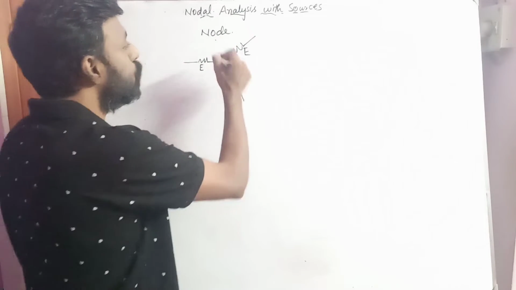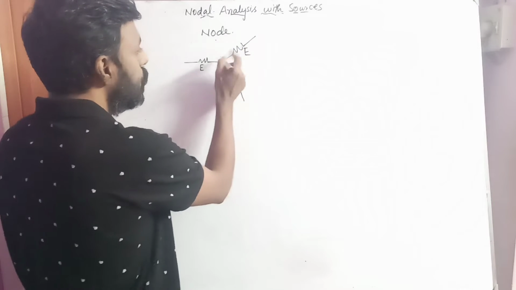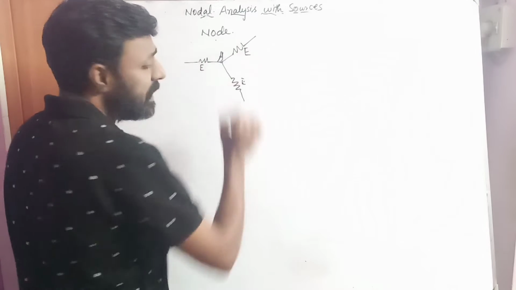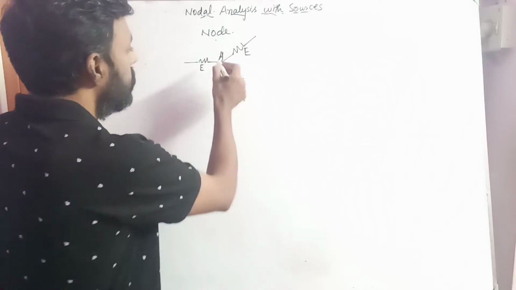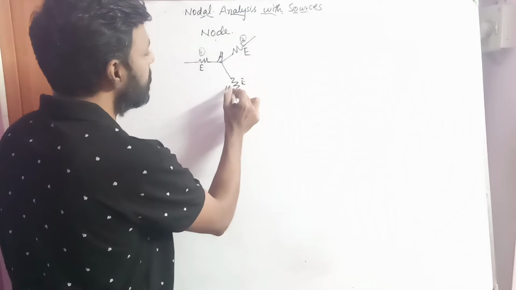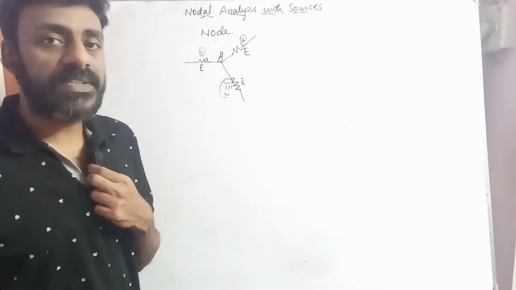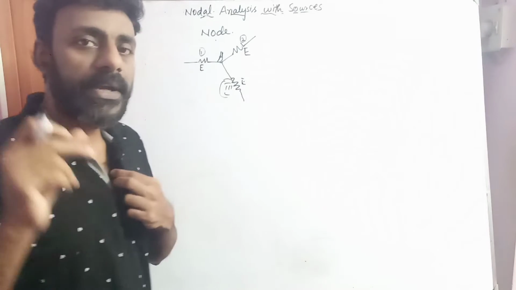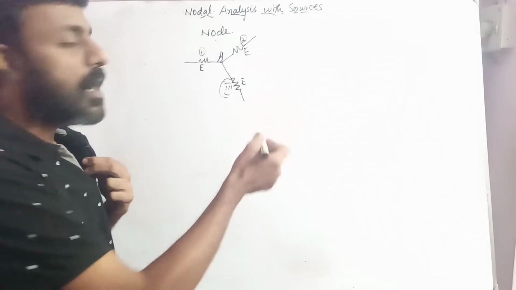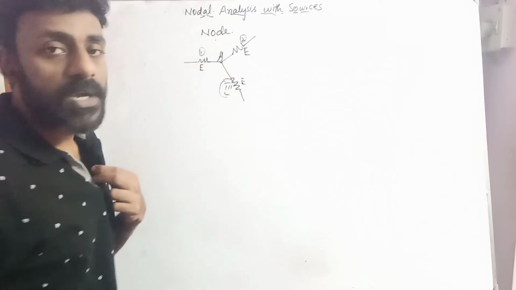I will call this node A, because here this is one element, this is the second element, and this is the third element. So a node is a junction point in a circuit where two or more elements are connected together.